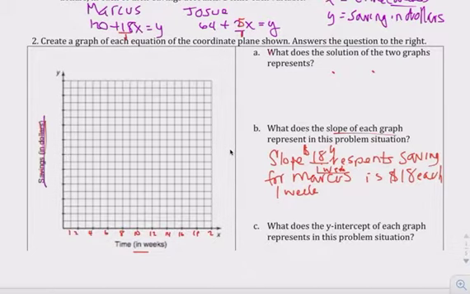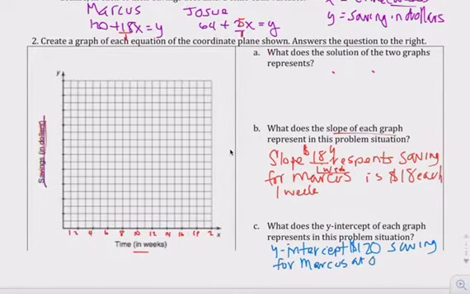What does the y-intercept of 120 represent? It represents the starting savings for Marcus at 0 weeks. Okay, and then $64 is Josue.